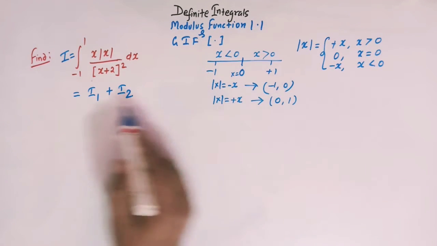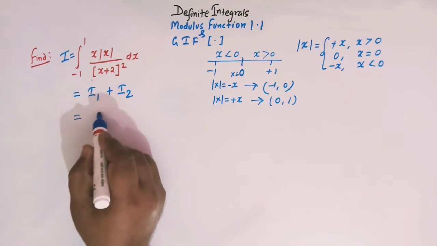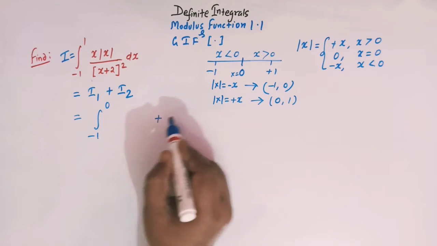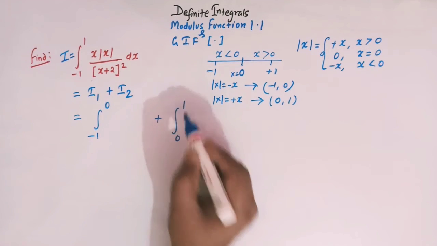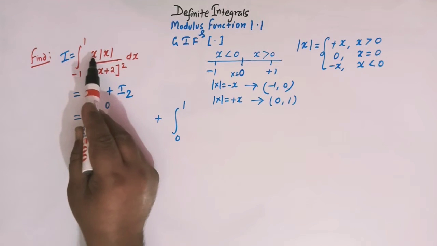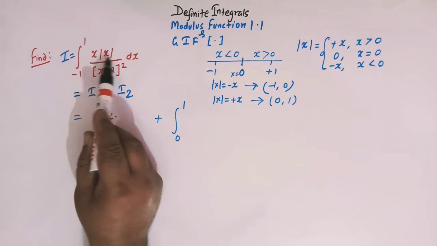So now I1 and I2 are the two integrals. So I1 goes from -1 to 0, and I2 goes from 0 to 1, right? So now here we'll have x, and then we have mod of x.